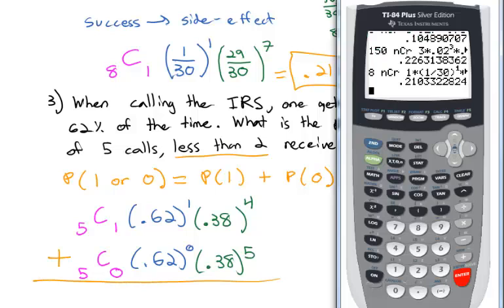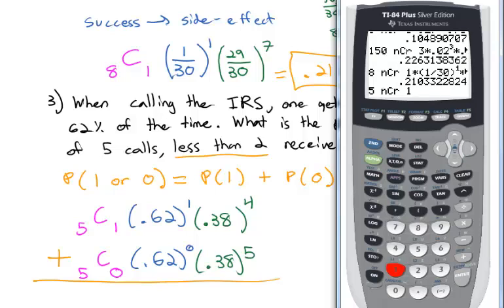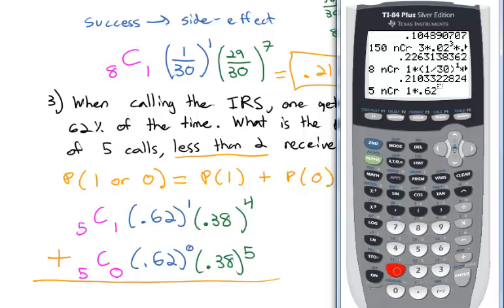So let's show that. 5, math, probability, choose 1 times 0.62 to the first power. Get out of the exponent. Some calculators you have to get out of the exponent. Some calculators you don't. Times 0.38 to the 4th power.